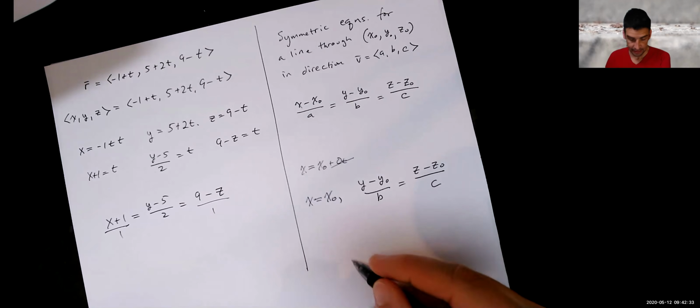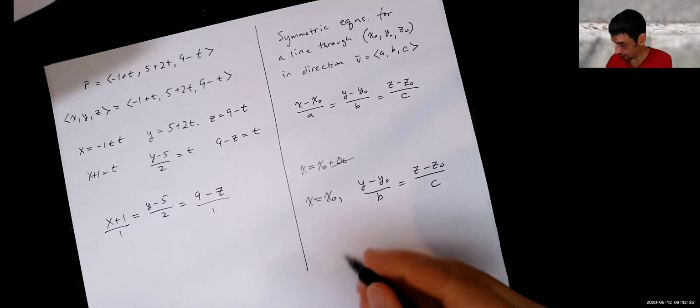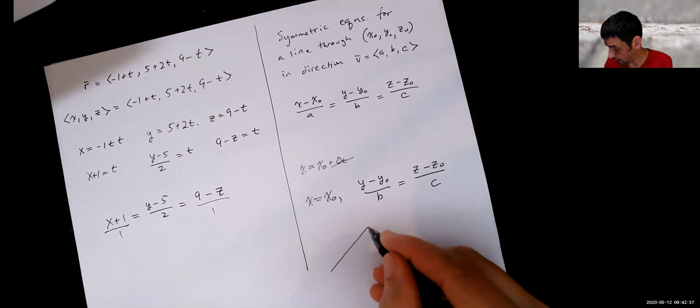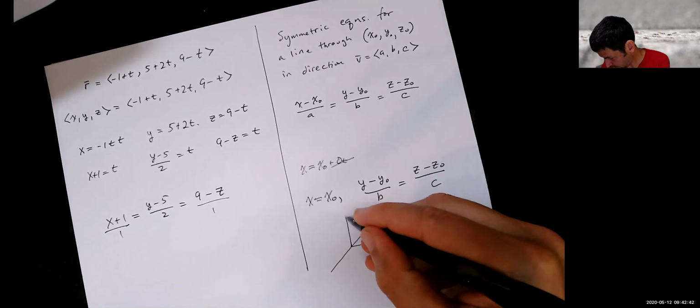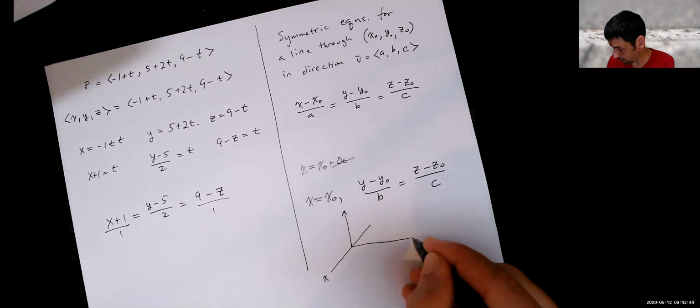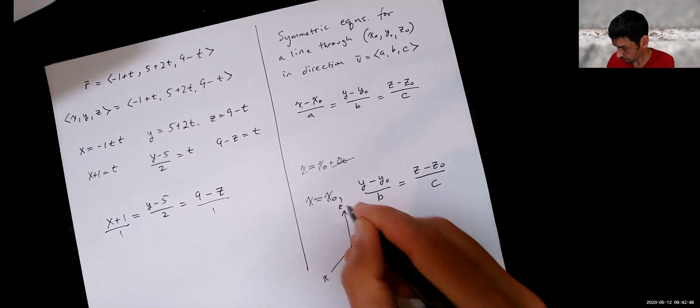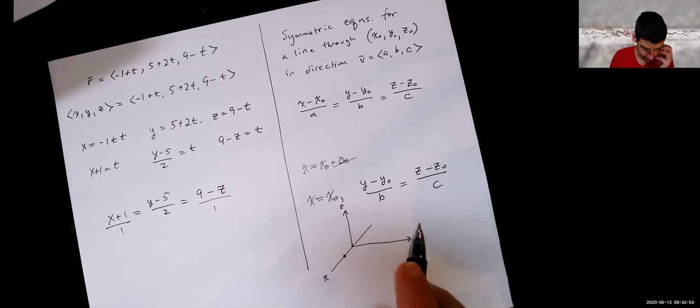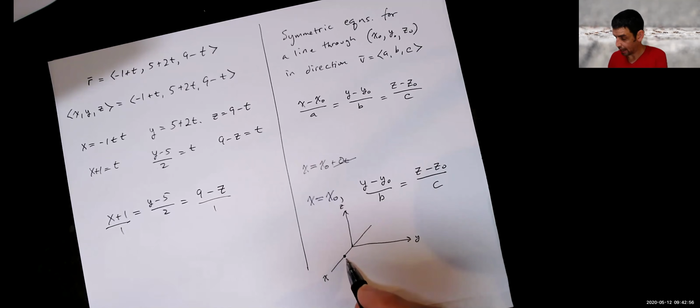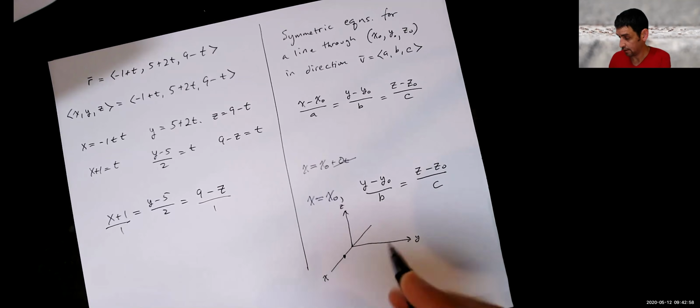Well, let's see. What is that going to look like? That means our line, let me draw. Here's my x, y, z. If every point on this line has x equals x naught, right?